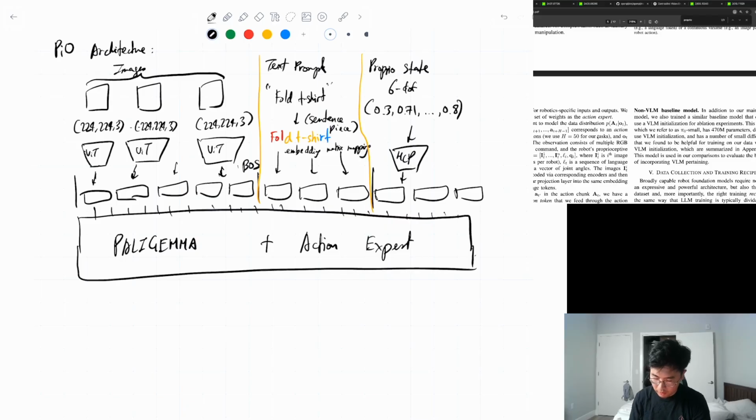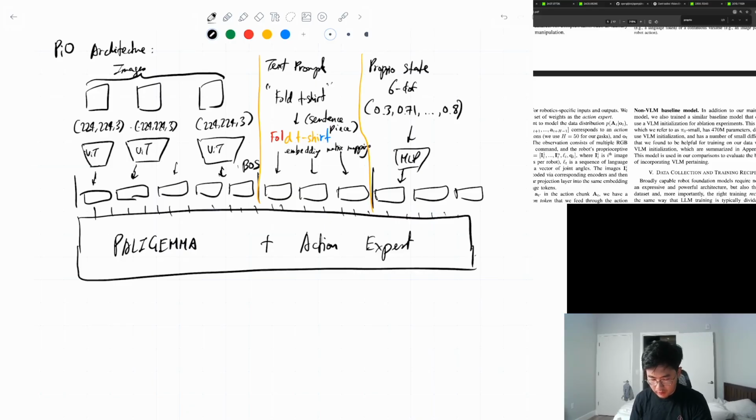So it doesn't go to the tokenizer. This is an MLP, and it gets mapped into the same embedding space as the text tokens.